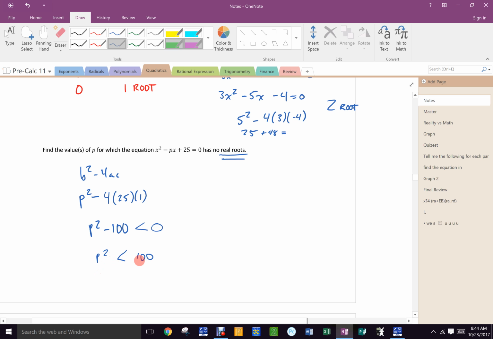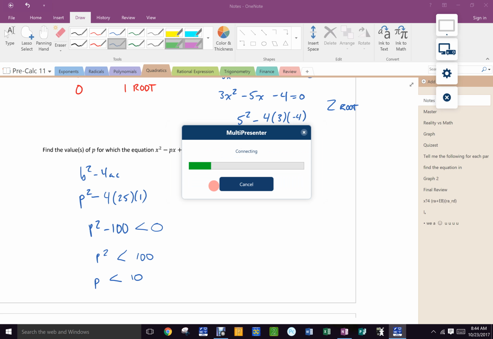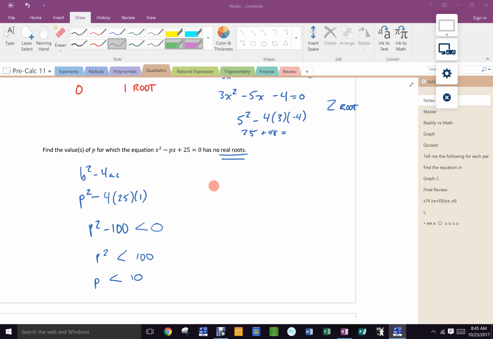When we get to there, we can do a grade 9 thing, though, can't we? We're going to square root both sides. Yeah. And we're going to get P has to be less than 10, right? But there's a problem with that even.